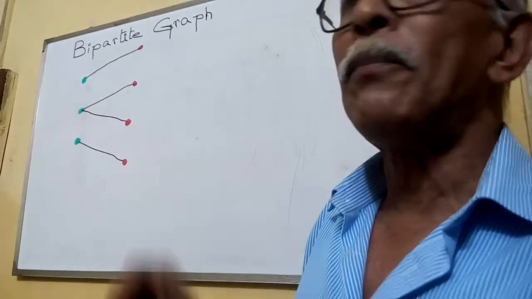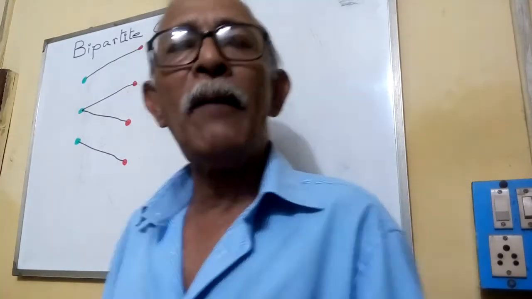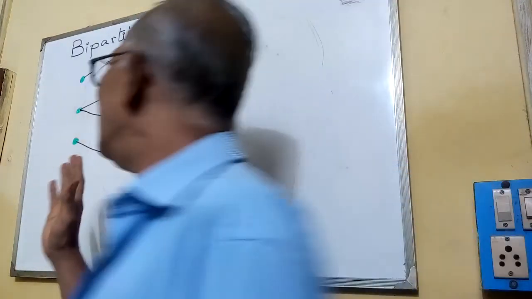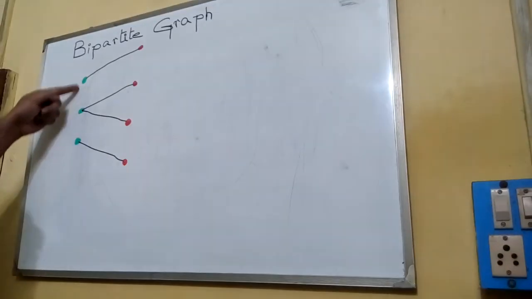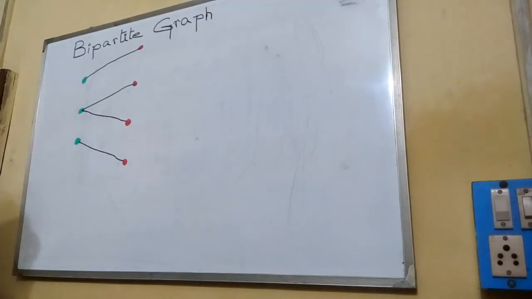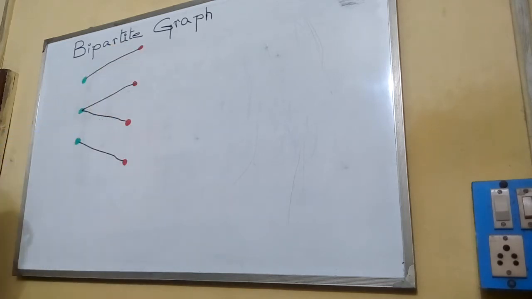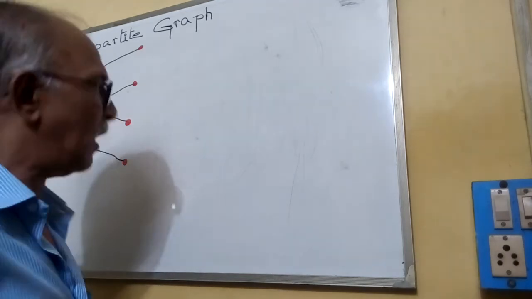This type of graph we call a bipartite graph. In this bipartite graph, there cannot be any edge among these vertices. There cannot be any edge among these vertices. This type of graph is known as a bipartite graph.